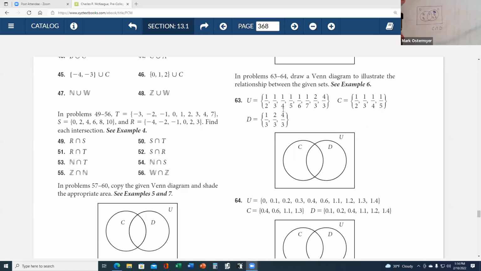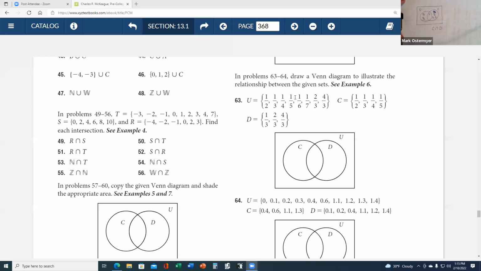But ladies and gentlemen, there's a lot of elements in the universal set. Look at them all. Which ones have been accounted for in sets C and D, or the intersection of sets C and D? Which ones we've already accounted for that are also in the universal set? Well, 1/3 we accounted for. 1/2 we accounted for. 1/4 we accounted for. 1/5 we accounted for.